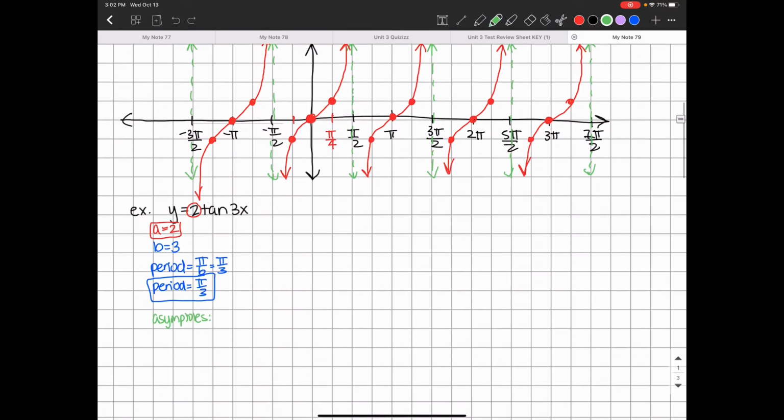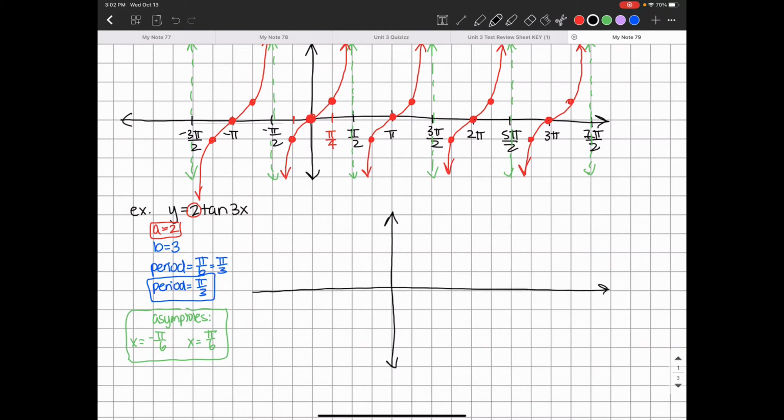So -pi over 2b would be -pi over 6, and pi over 2b is pi over 6. I have one asymptote as x is equal to -pi over 6, and the other one is x is equal to pi over 6. So these are my asymptotes, just one of them, and then I will find the other ones after graphing.